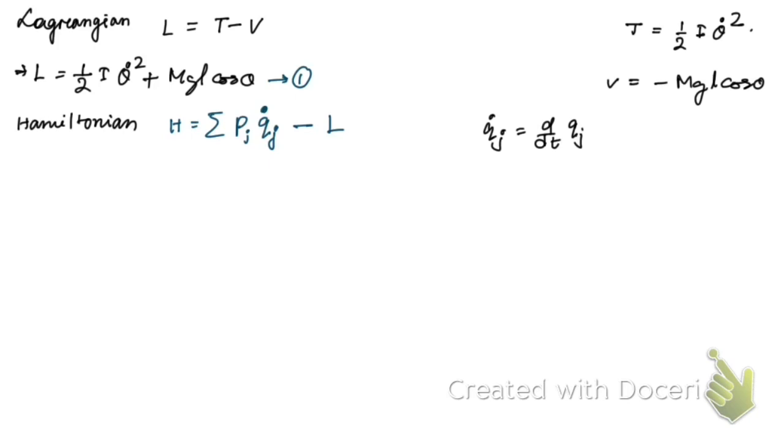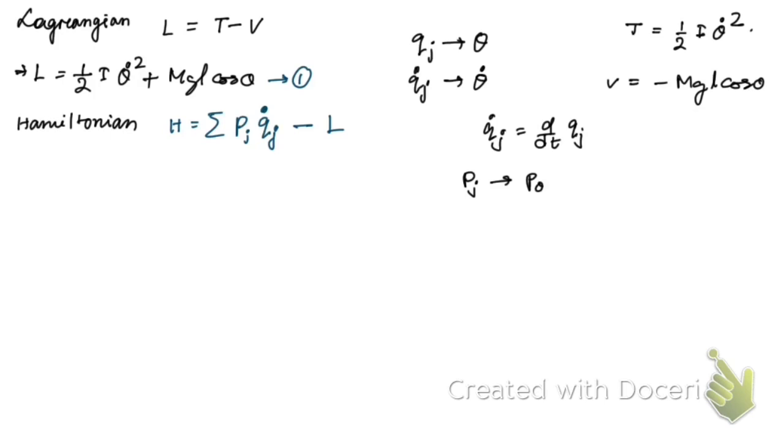So remember that. Now in this system, our generalized coordinate is nothing but theta. So we're going to replace q_j by theta, and q_j dot by theta dot. And here p_j is nothing but p theta, that is the angular momentum.